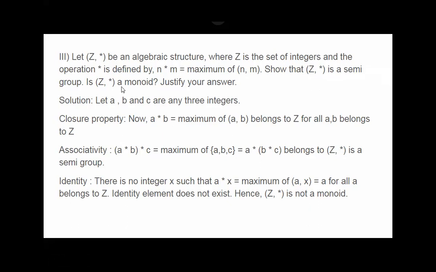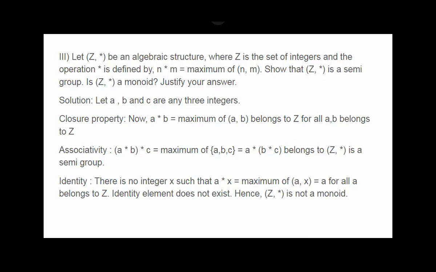What we have to prove here is Z star is a semi-group. Semi-group means what? Again, two properties. First one is the closure and the second one is which property for a semi-group? Can anybody recall? First is the closure property and second one is the associativity.